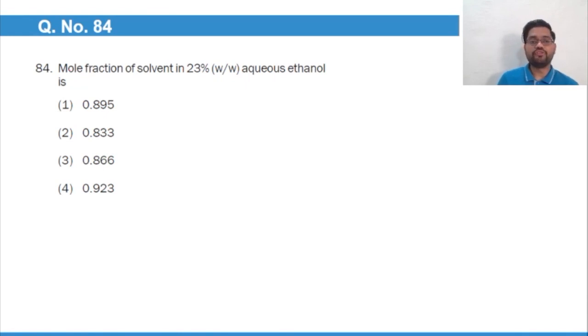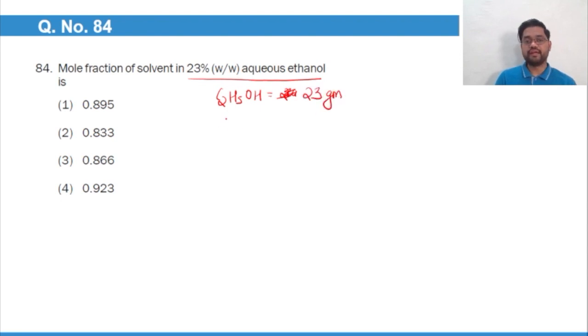84. Mole fraction of solvent in 23% weight by weight, or mass by mass, aqueous solution of ethanol. So C2H5OH is 23 grams, and H2O is 77 grams.